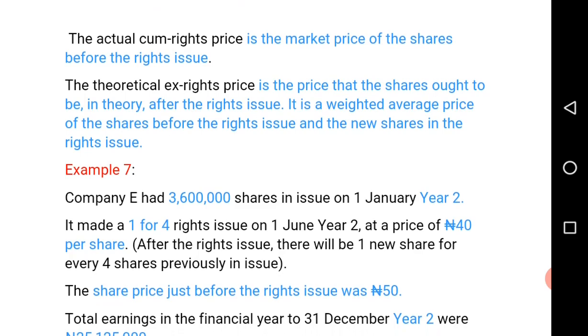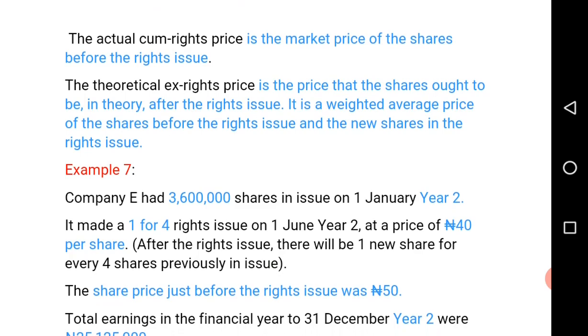For every 4 shares you own, you'll be given 1 share at a discounted price. That is rights issue, while bonus issue is for free. On 1st June year 2, we have another date here, at a price of 14 naira per share. So now they'll be giving us one share for 14 naira per share.